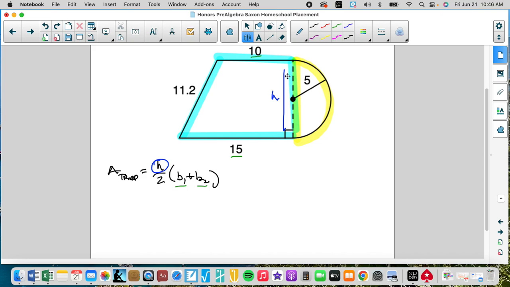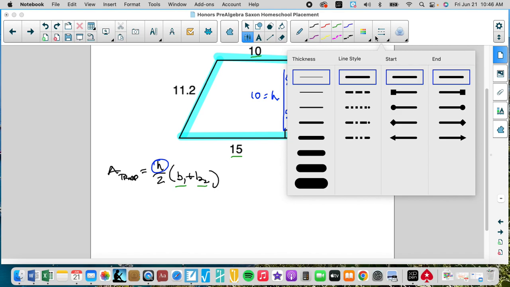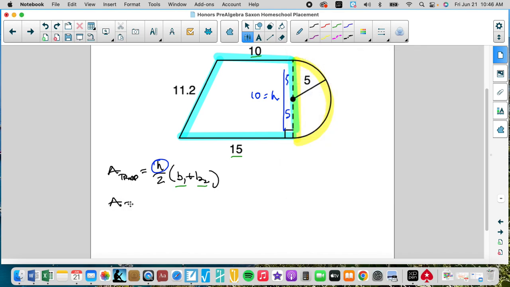And we know that this distance is 5 and this distance is 5. So my height is actually going to equal 10. So now I can fill in those pieces of information. And we get area equals 10 divided by 2 times the quantity b sub 1, 15 plus 10.